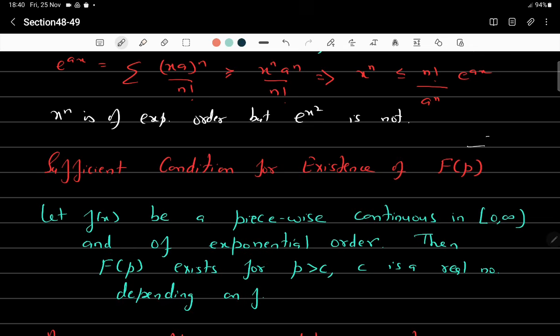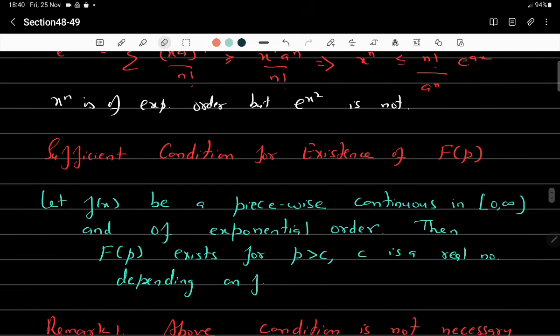It is continuous over the interval, but there is a jump discontinuity at the end point. Jump discontinuity means these limits exist, but the left hand limit is not equal to the right hand limit. This is jump discontinuity.